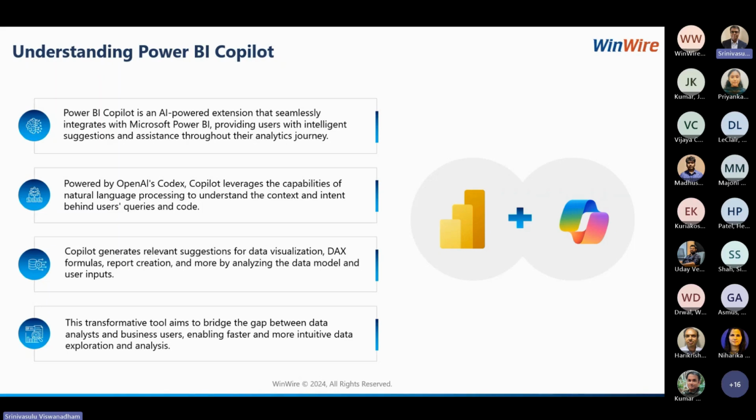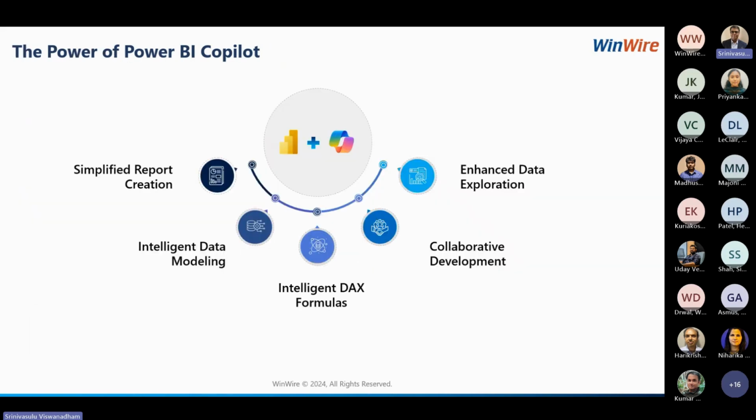And indeed, there are some prerequisites we have to have as part of Copilot, but they can be easily set up. Now, in simplistic terms, as I've already explained, Copilot is simplified report creation and an intelligent data model.